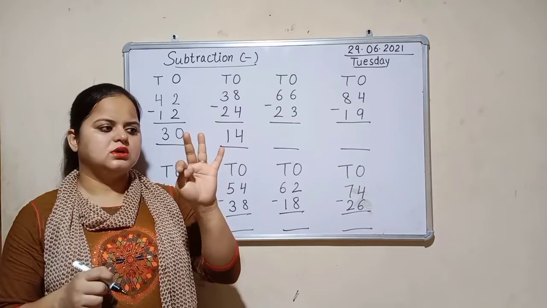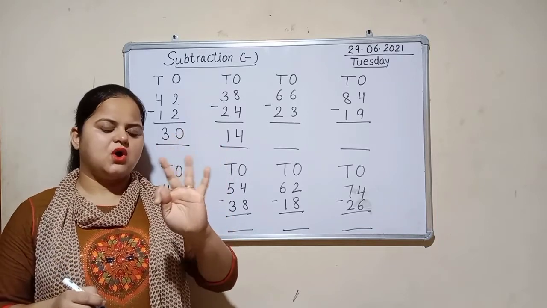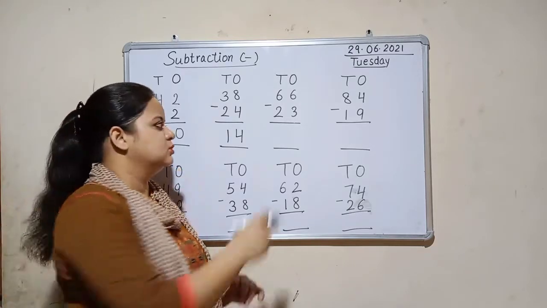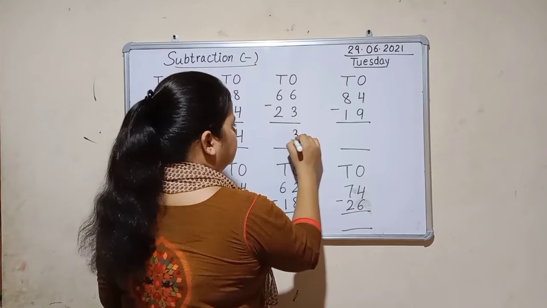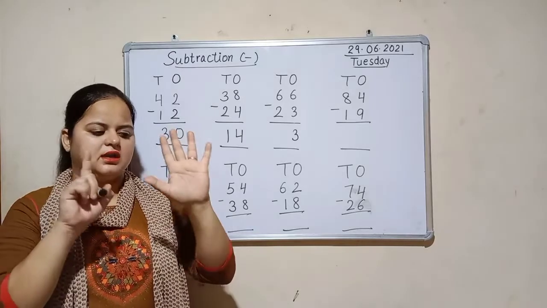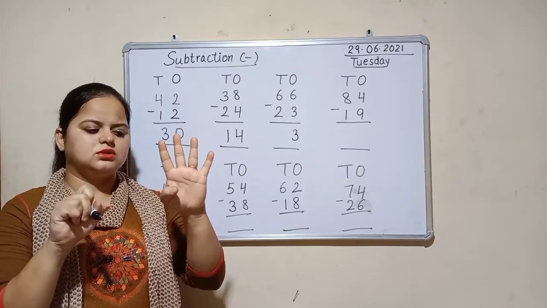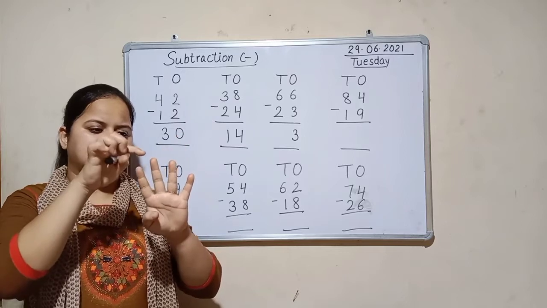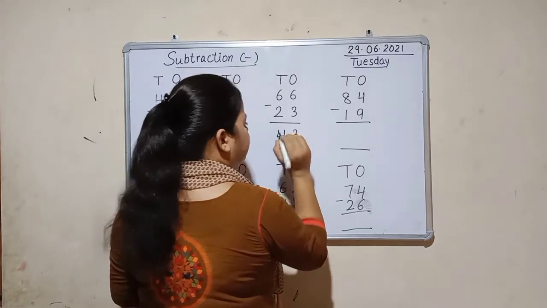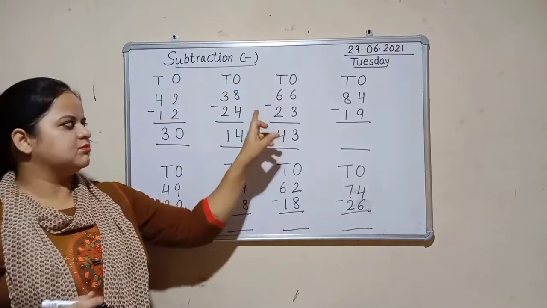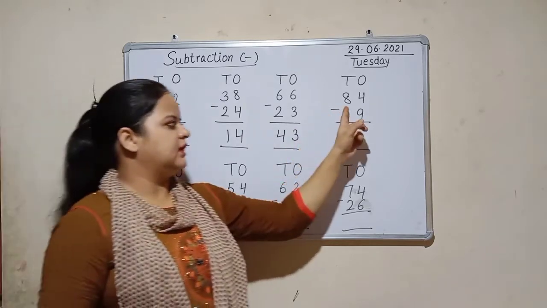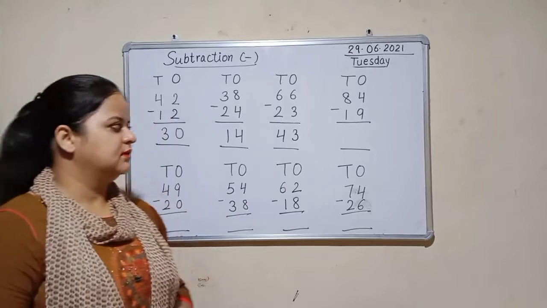Now how many fingers I have left? 1, 2, 3. 6 minus 3, 3. 6 minus 2. Again we'll open 6 fingers and close 2 from this 6. 1, 2, 3, 4. Now we have number 4. 66 minus 23, 43.